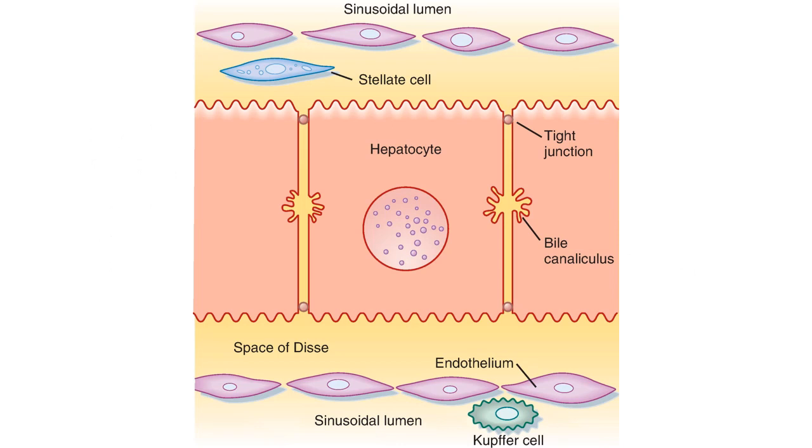So let's orient. This is the sinusoidal lumen. This would be the sinusoidal capillary, produced by the fusion of microscopic branches of the portal vein and the hepatic artery. So that makes the sinusoid, blood will flow here, and this would be the endothelium of the sinusoid.